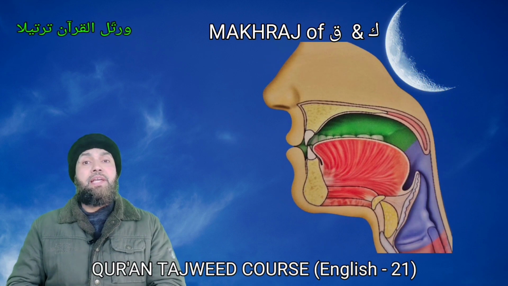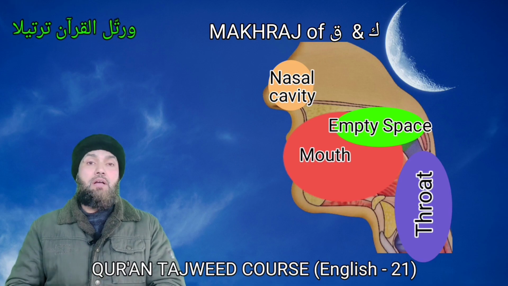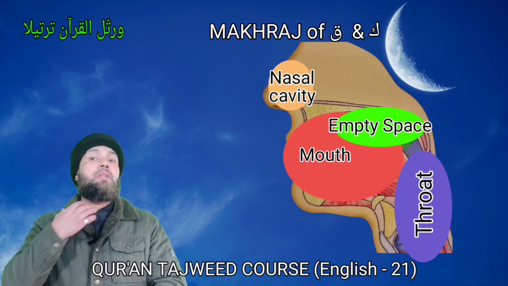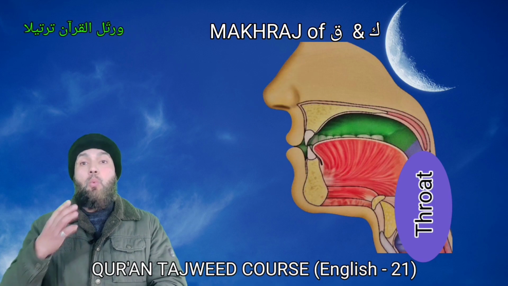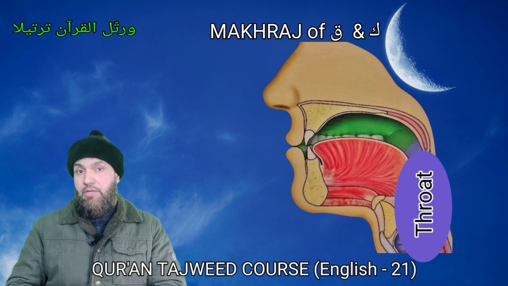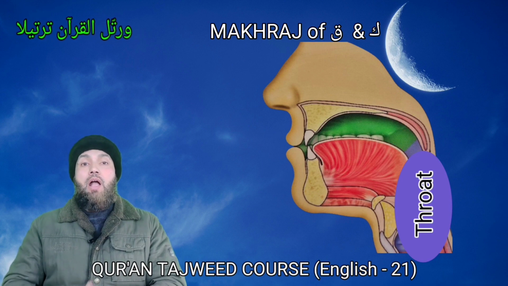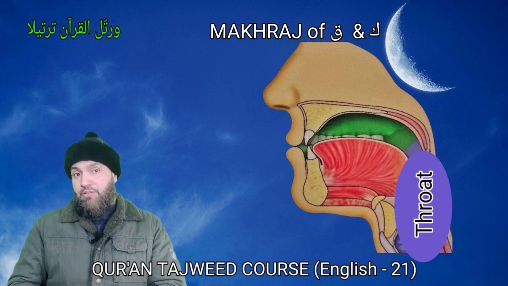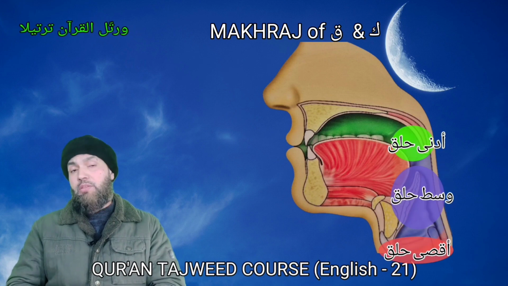If you remember, in lesson 17, we discussed the 4 major areas of articulation within our vocal tract. Till now, we have covered one major area of articulation, that is the throat or halaq. Out of those 4 major articulators, and we have learned all the 3 articulation points within this throat.